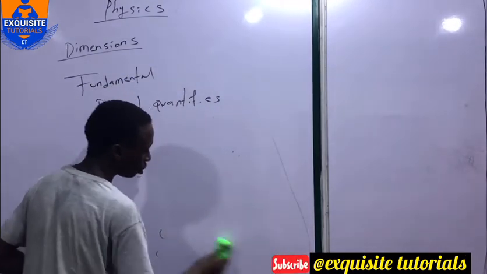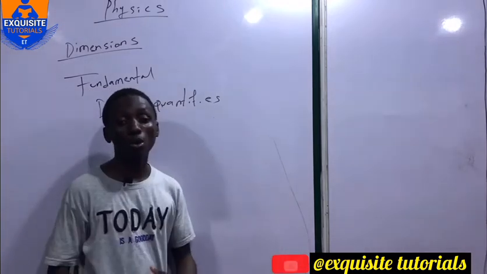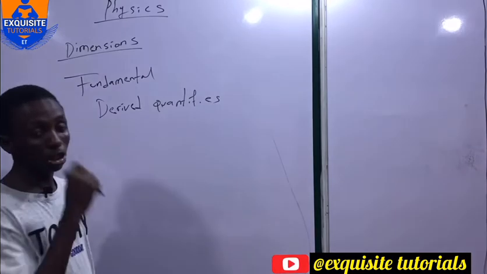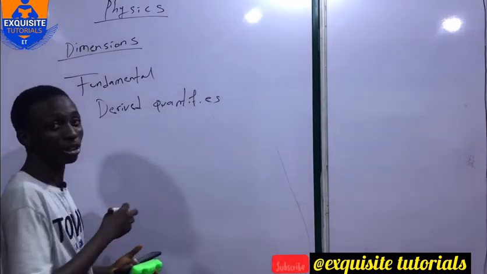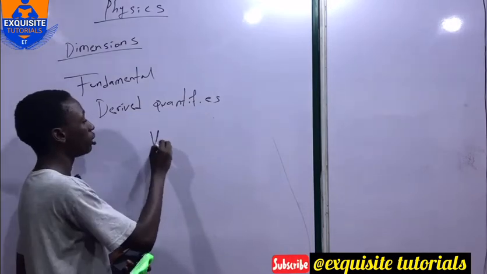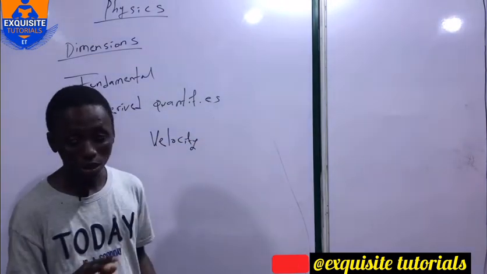We just said derived quantities are those quantities that result from the combination of two or more fundamental quantities. So, let's say for example we have velocity.